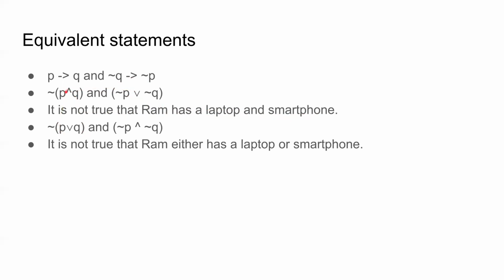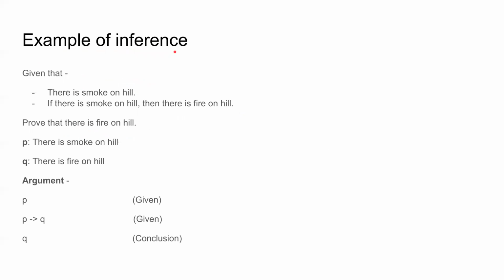Similarly, if we replace this and with the or, so negation of P or Q is same as negation of P and negation of Q. So whenever this negation symbol goes inside, the or changes to and and the and changes to or. So these three types of equivalent statements we need to remember in order to apply inference.